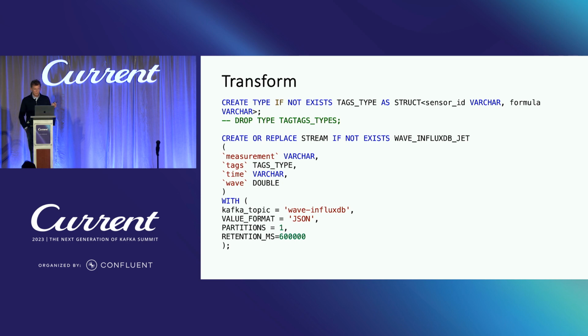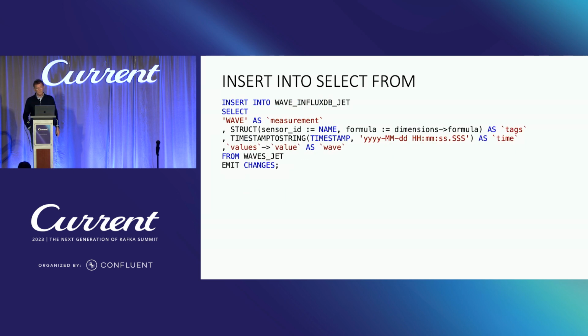Now, in order to see our data in InfluxDB, we need to transform the format of our data from the MQTT broker to the format accepted by InfluxDB. To do that, we create a stream, and then we use this nice SQL function, insert into select from, which allows multiplexing.